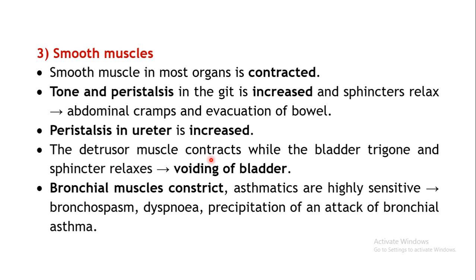The detrusor muscles, they contract, those which are located on the upper side of the bladder. These are contracted, whereas the trigone and the sphincters of the bladder, these are relaxed. Trigone, these muscles are located at the base of the bladder, and the sphincters, which are actually controlling the flow of urine from the bladder into the urethra.